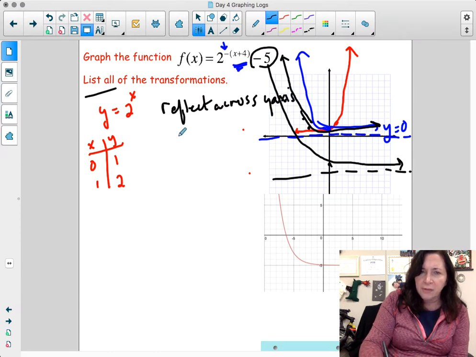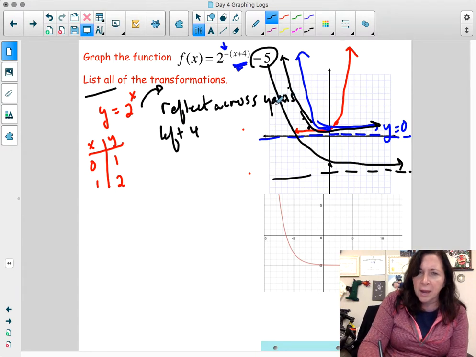The second transformation would move my graph left 4. And these are, of course, after graphing the parent graph. Reflect across the y-axis, move my graph 4 units to the left, and move my graph down 5 units.